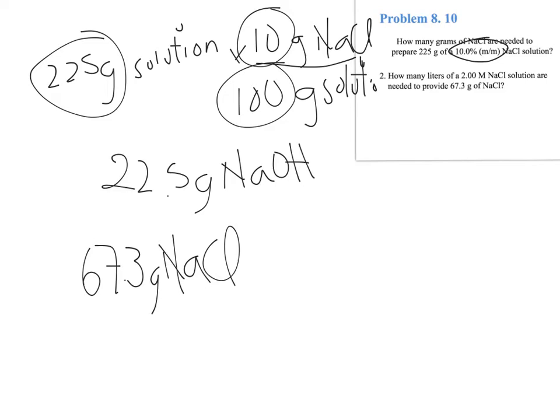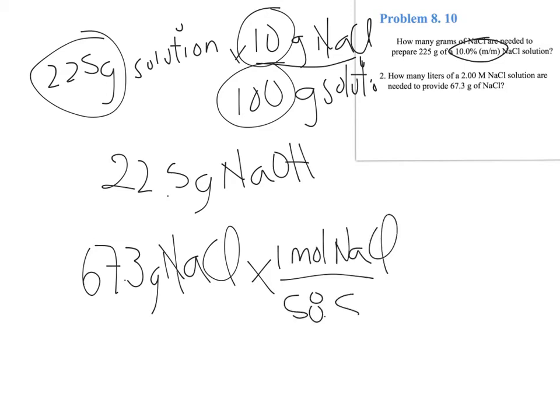For that, we use the molar mass. Sodium is 23, chlorine is 35.5. So we take 23 plus 35.5, that gives us the molar mass of sodium chloride. 1 mole of sodium chloride equals 58.5 grams. Then we're going to use this as our conversion factor.